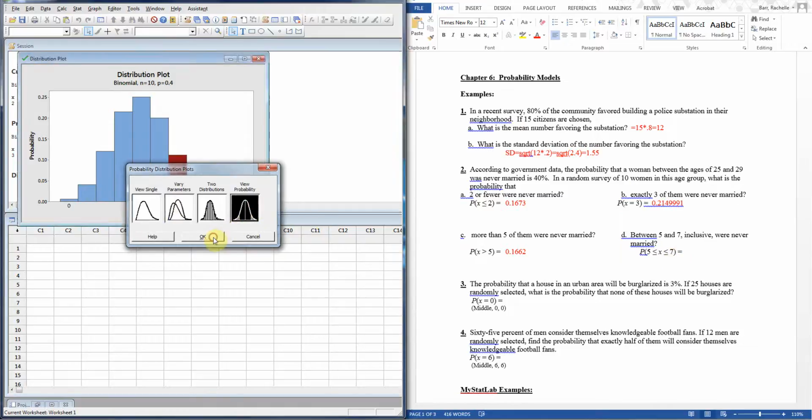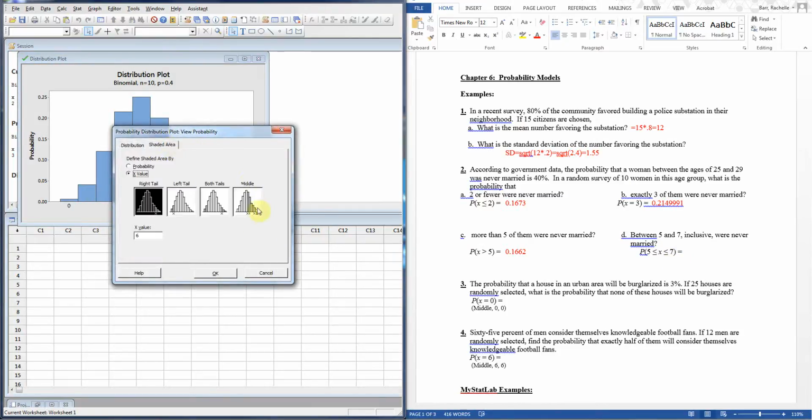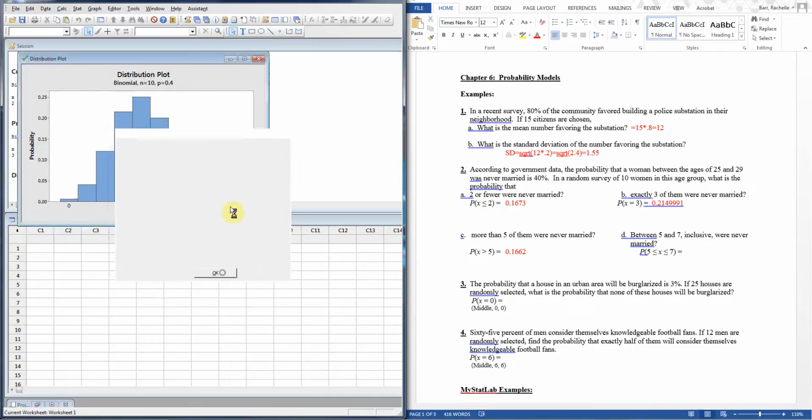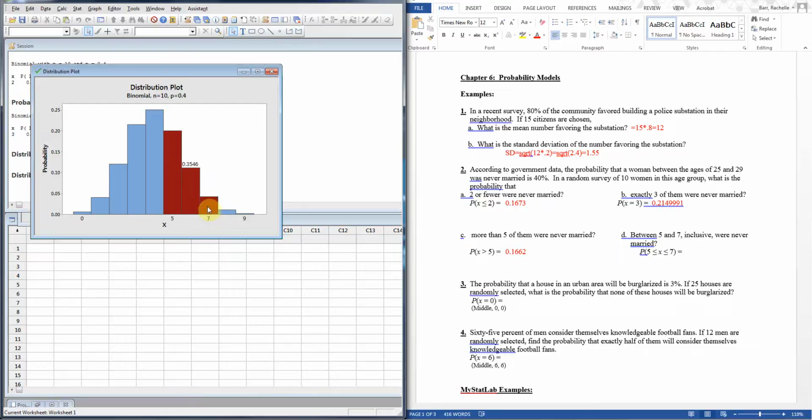So probability view, shaded area, middle, and I want my lower to be a 5 and my upper to be a 7. Let's hit OK. The other thing to recognize is that since it's coloring in this 7 bar and this 5 bar, 5 and 7 are included in this probability that I'm calculating. That's another way you can recognize that it's doing this correctly.